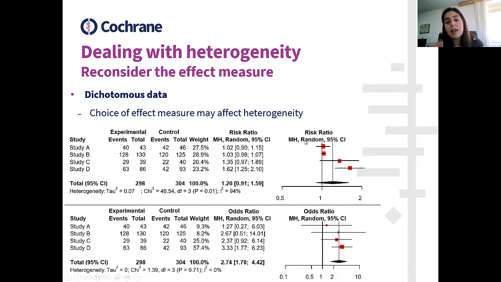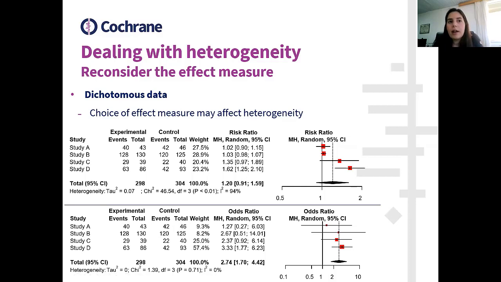But in the first case, the effect size used is the risk ratio, and in the second case, the effect size used is the odds ratio. Using the risk ratio with the same data resulted in very high heterogeneity, while in the second case, there are no indications of heterogeneity at all.